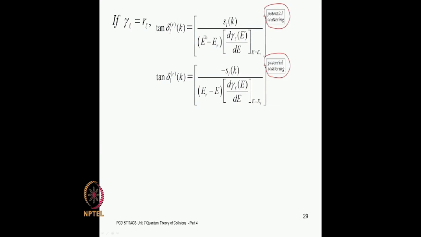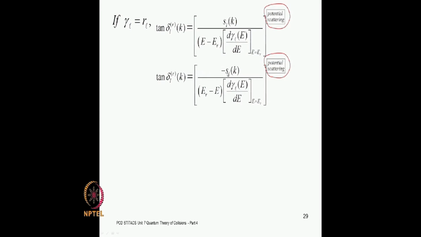Here I have rewritten this. I have E minus ER in the denominator, which I now write in terms of ER minus E, so I have a minus sign over here. These two terms are essentially the same, except that I have absorbed the negative sign in the denominator and attached it to the numerator.